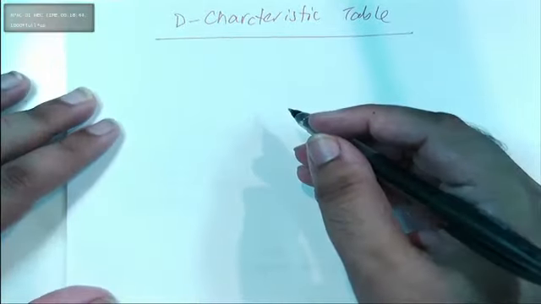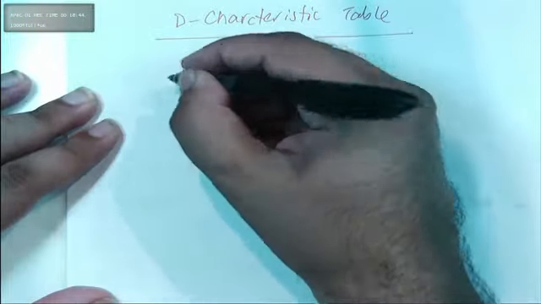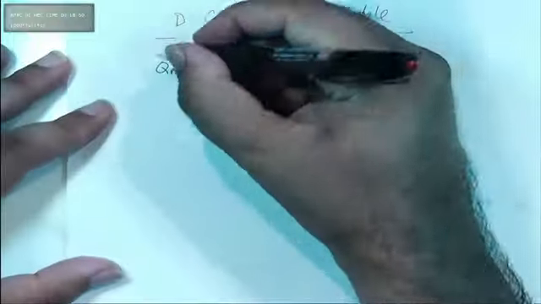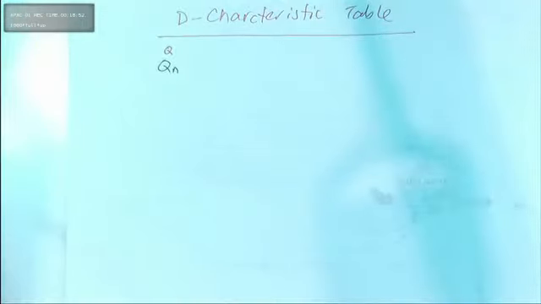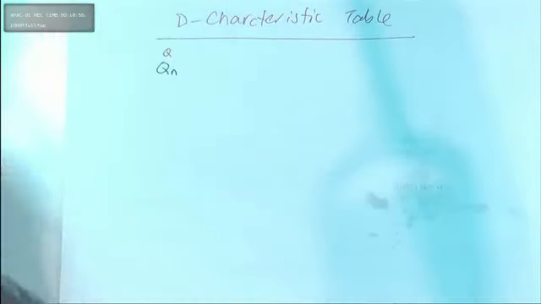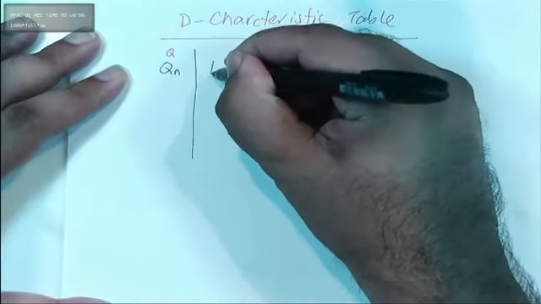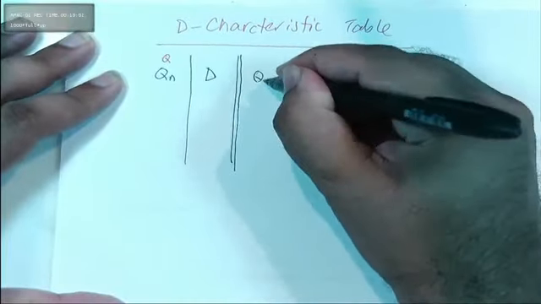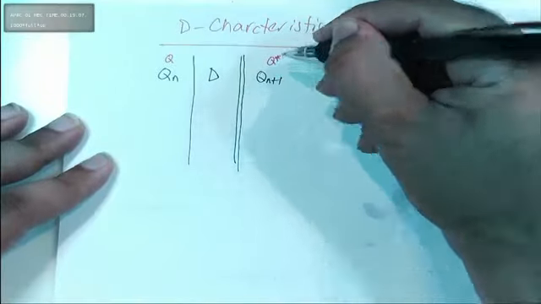It will have Qn, right? Some people call it just Q, right? And what else will it have? It will have D, and our output will be Qn plus 1, and sometimes in other tables that's referred to as Q star.